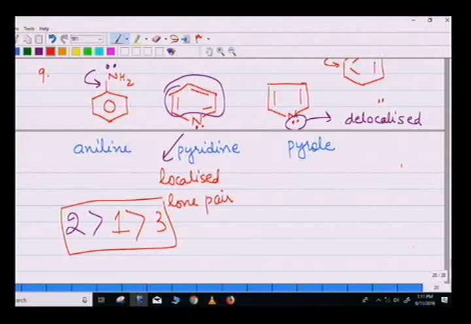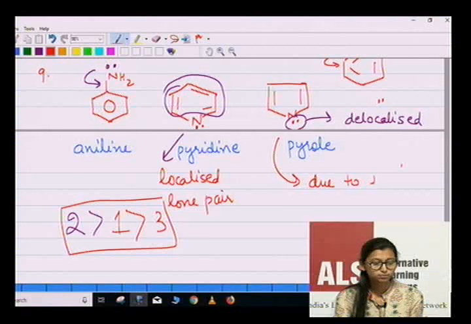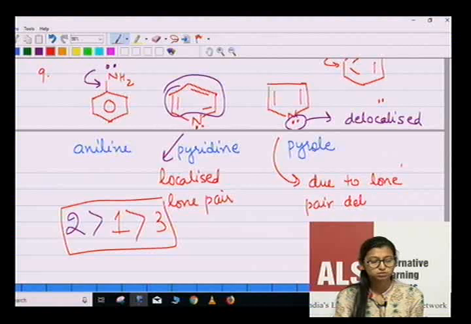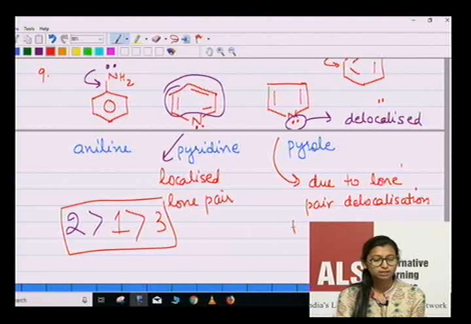That is, aniline, pyridine and pyrrole, then which will be the most basic one? Or tell me the order for these three. So you should know the structures as well as the order. Okay? So I am writing here that due to the lone pair delocalization, the compound is aromatic.